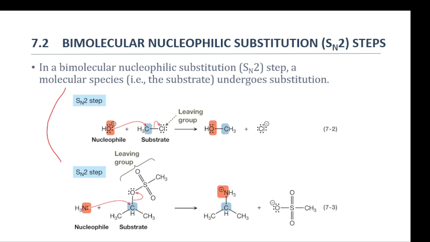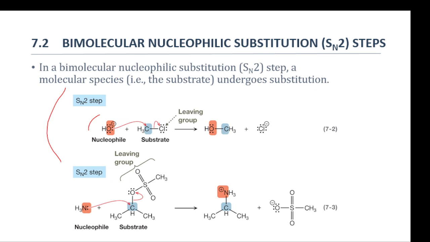Nucleo, positive, right? Like a nucleus. Philic meaning likes, loves. And so these are things that have typically a negative charge or are electron rich. They like positive charges, and so they're going to attack things that have positive charges. So this is a nucleophile, a thing that likes positive charges, doing the attacking.